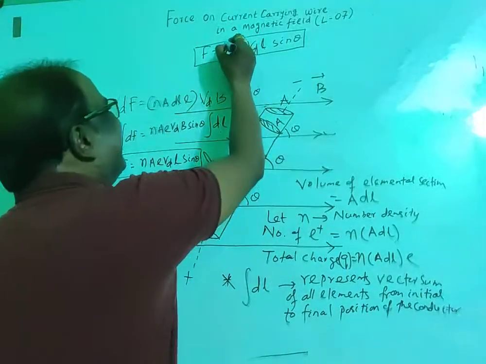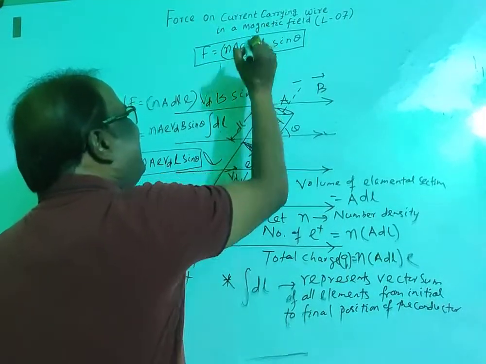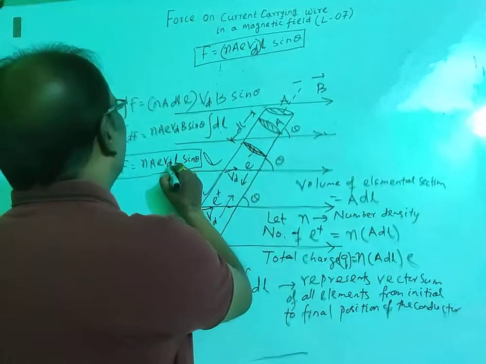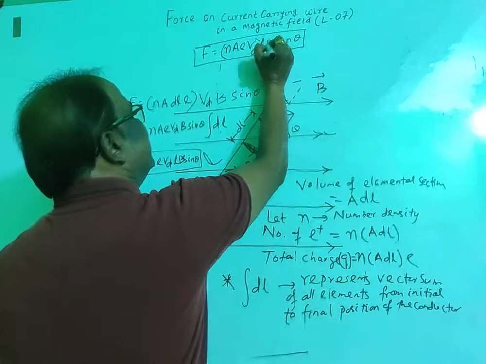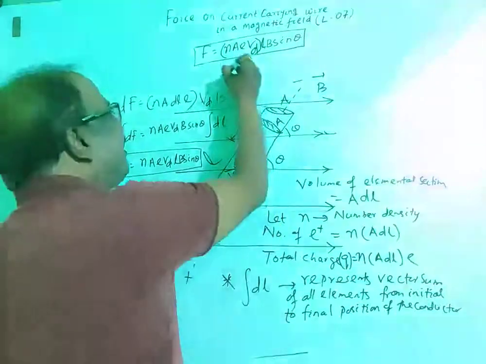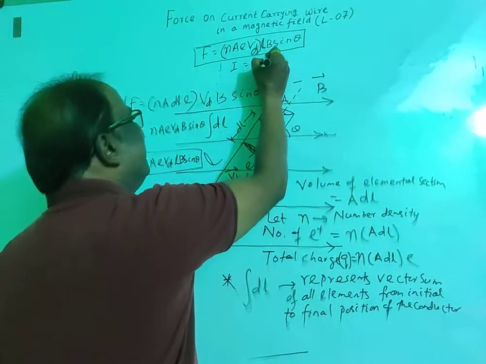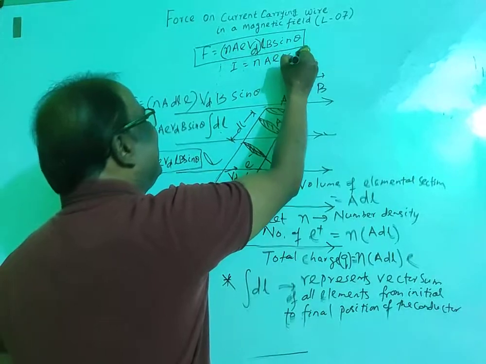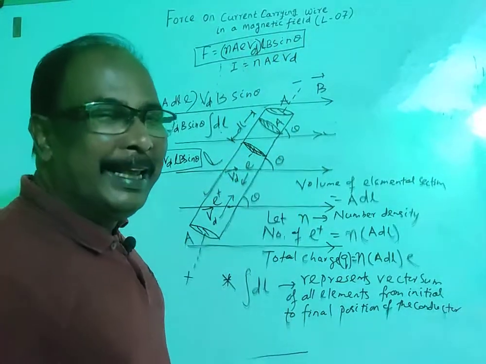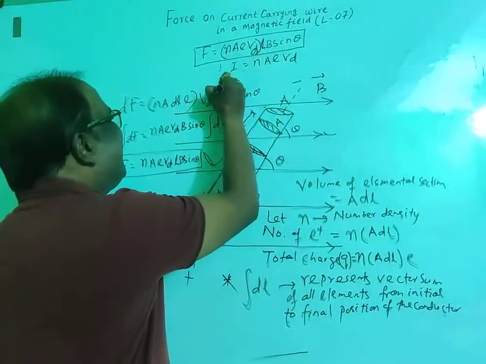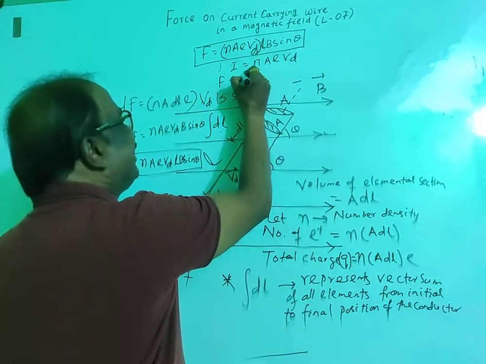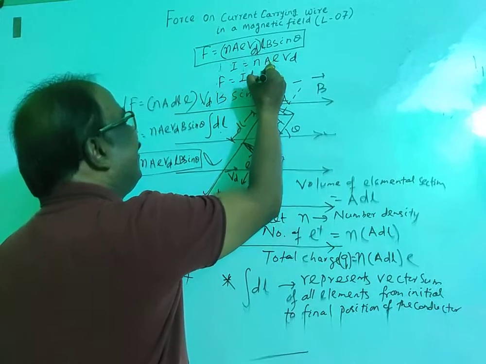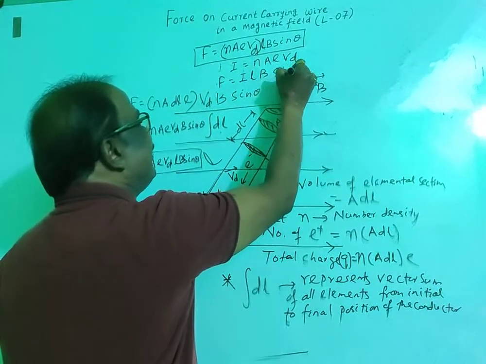You see, n A e v_d. Oh, I have left this B. Current is equal to, we know it from current electricity, I is equal to n A e v_d. Then the final formula for force is, in place of n A e v_d, I can write current I, L, B sin theta.